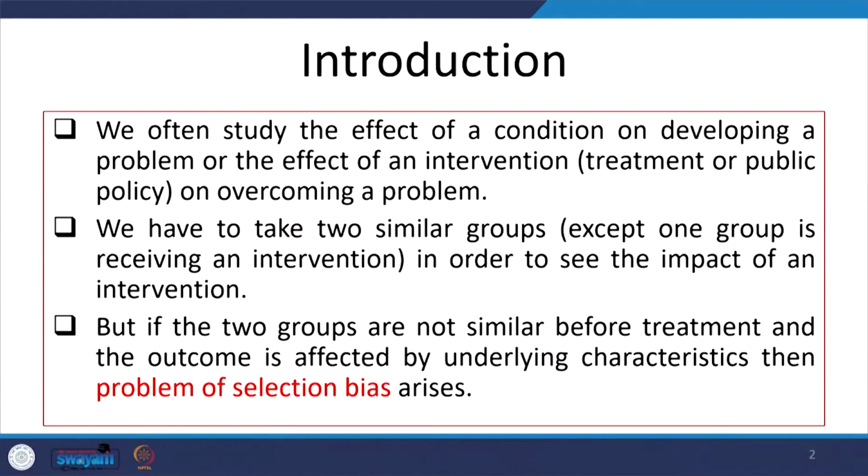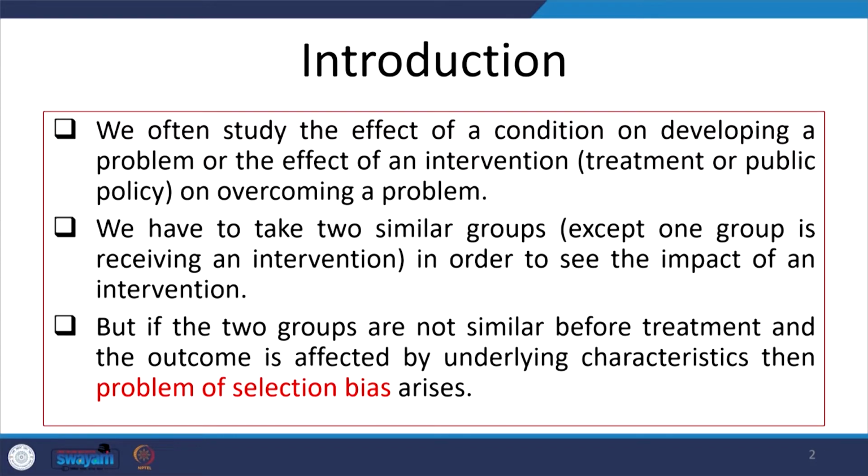So, there are a number of decisions to be taken while going for propensity score matching, in short called PSM. I am just going to introduce it to you all. This is on the genesis of PSM. We often study the effects of a condition on developing a problem, or the effect of an intervention.